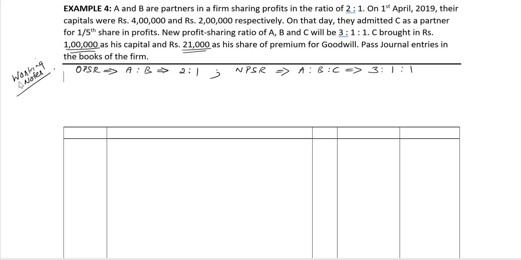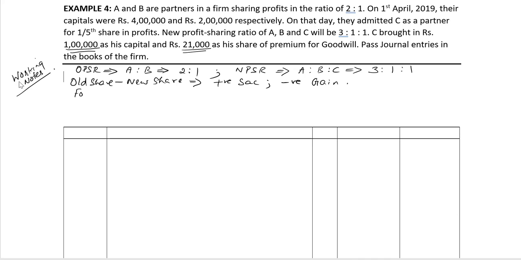So let's apply the formula: old share minus the new share. Positive figure is sacrifice, while negative figure is a gain.